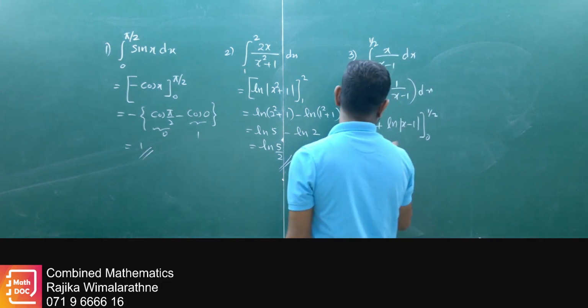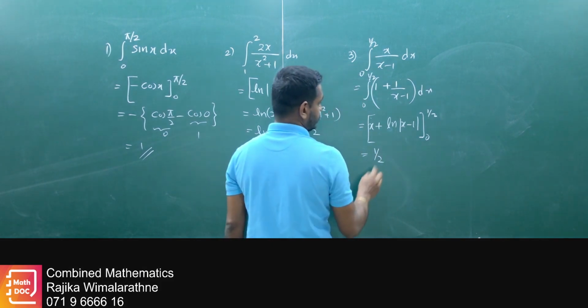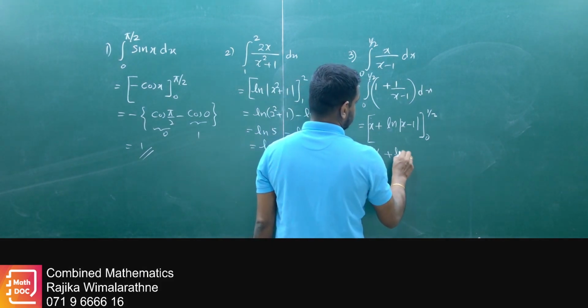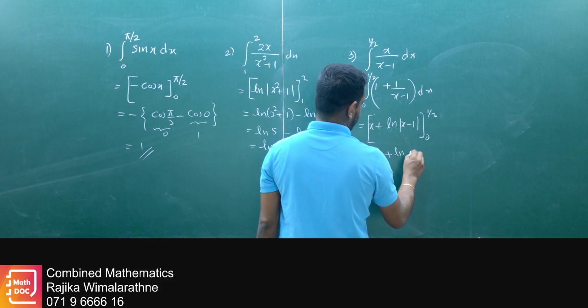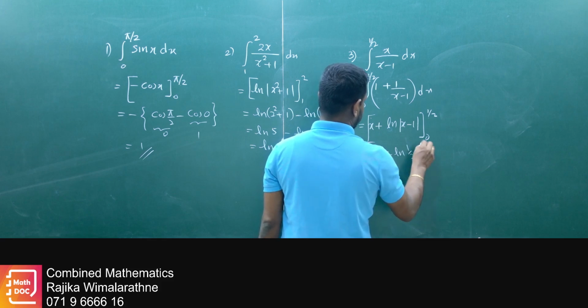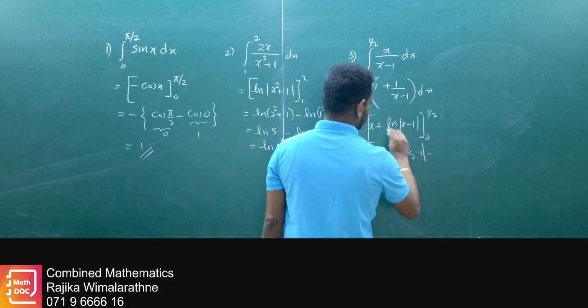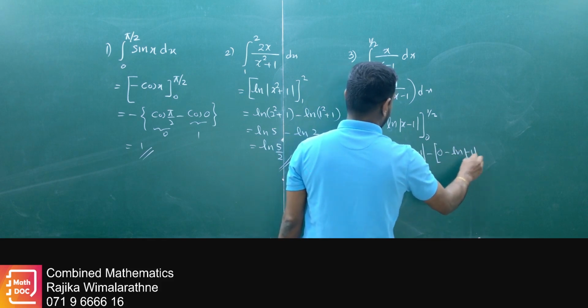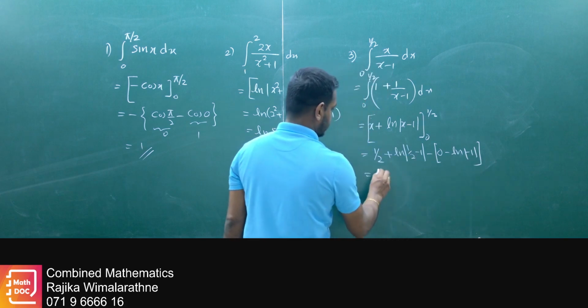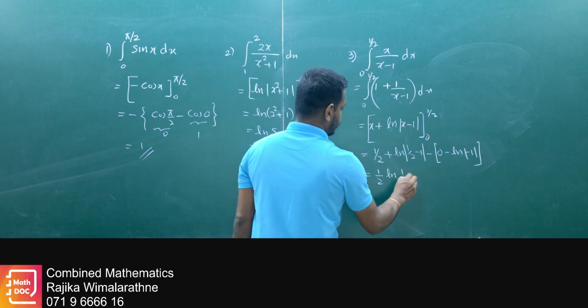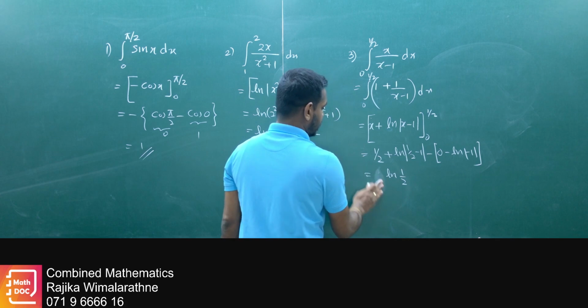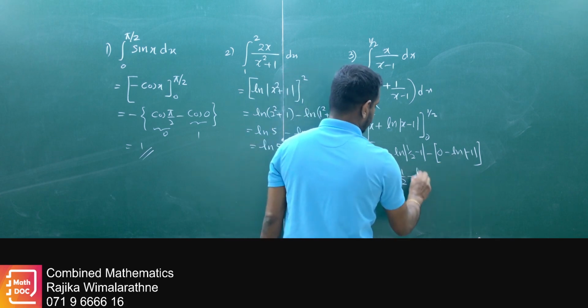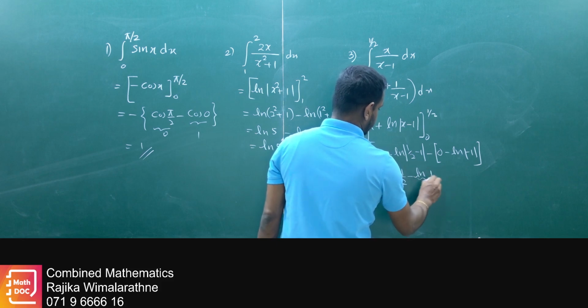Then substitute half first: 1 over 2 plus ln of |half minus 1|. Then substitute 0 and subtract: minus ln |0 minus 1|. That gives half plus ln half minus ln 1. ln 1 means 0, log 1 is 0.